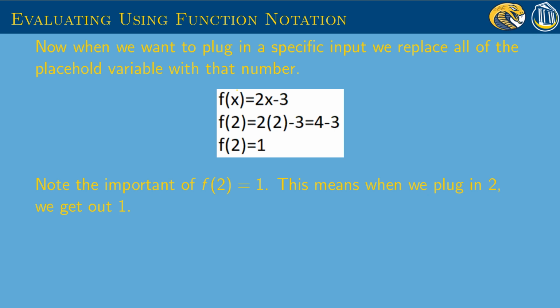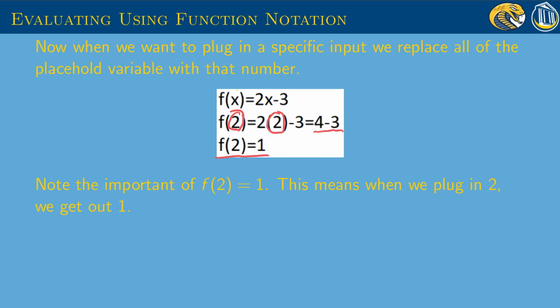So if we want to evaluate this function at the input 2, every single place we see an x, we're going to replace it with a 2. f of 2 is not 2x minus 3, but rather 2 times 2 minus 3. 2 times 2 is, of course, 4, so this simplifies to 4 minus 3, or just 1. We can write this whole thing out in just a single line as f of 2 equals 1.